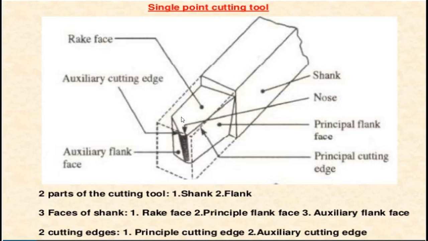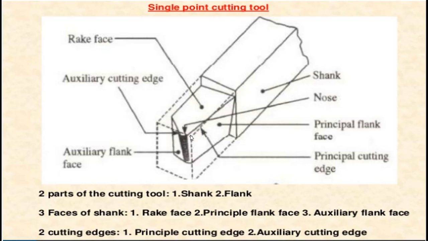Suppose this is the cutting edge, then the faces adjacent and below the cutting edge are called flanks. This surface will be called a flank, and this one and this one will also be called flanks. So there are basically two flanks, the principal flank and the end flank.